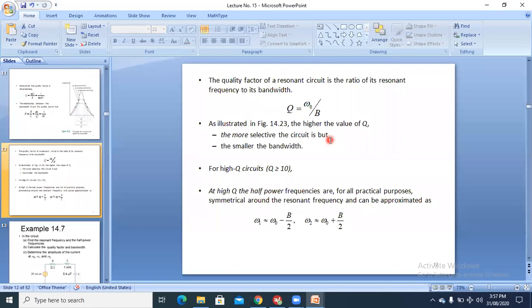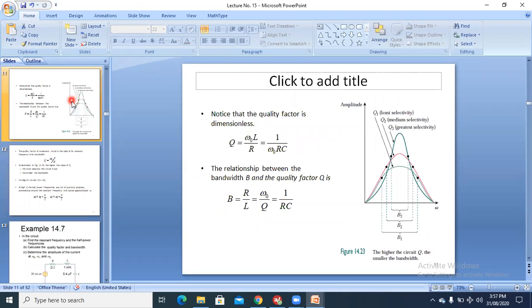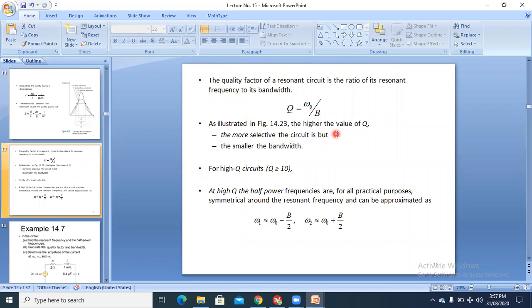Now, we have the quality factor equal to omega naught by B. We also know the quality factor as determined in the diagram here. So by increasing the value of the quality factor, the bandwidth will be smaller.